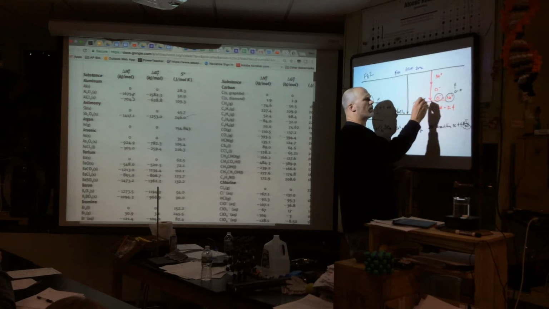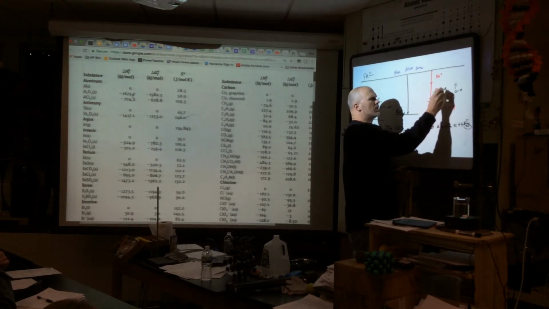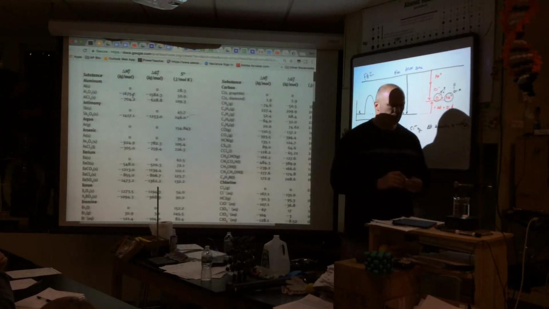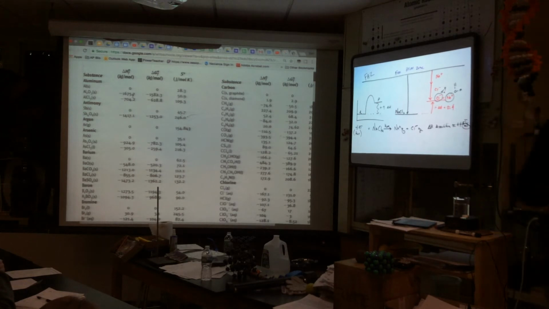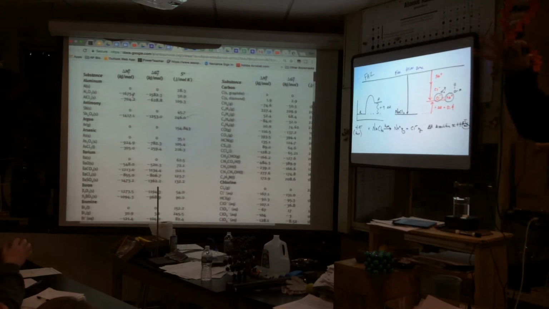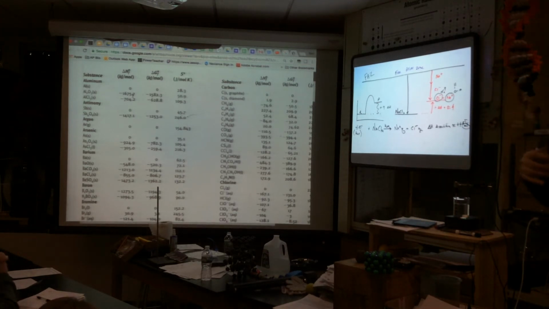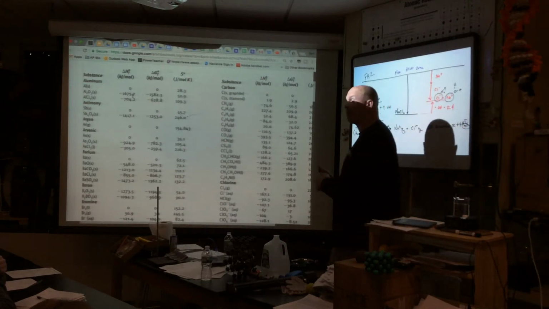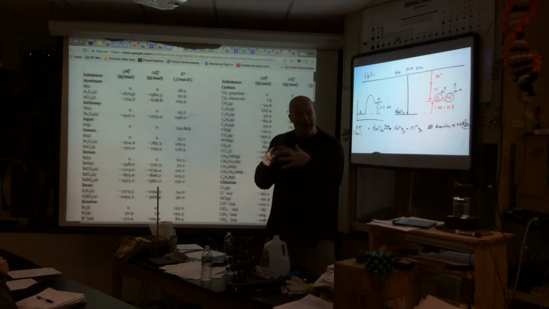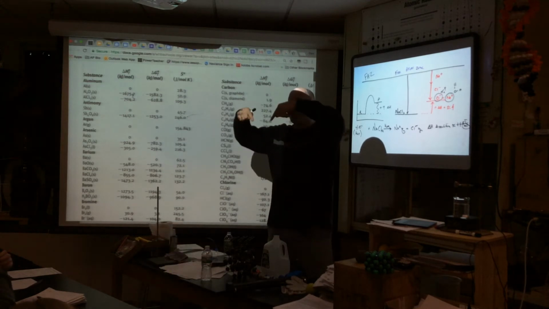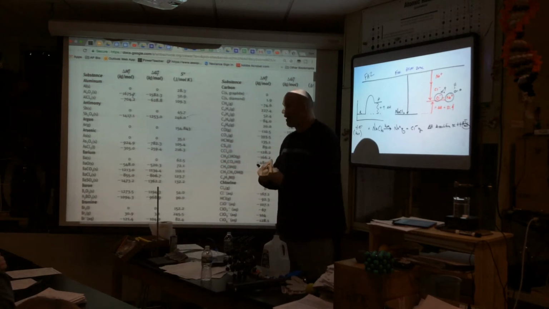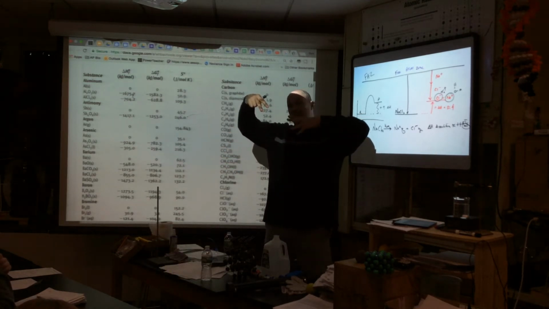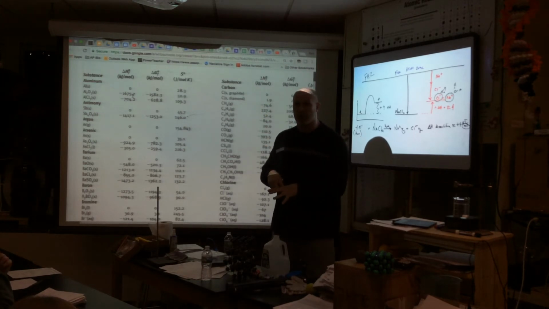The positive part of water, which is the H. Now the question is, if it's less stable as a solution, it must mean that water isn't really attracting them that well.